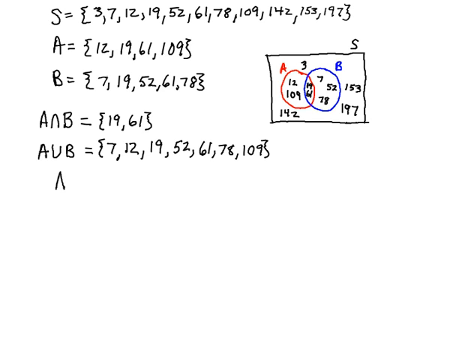We can also talk about what's called A complement. A complement is the set of all values that are in the sample space but not in A. And those values would be 3. 3 is outside of A, but it's still in the sample space. 7, 52, 78, 142, 153, and 197.